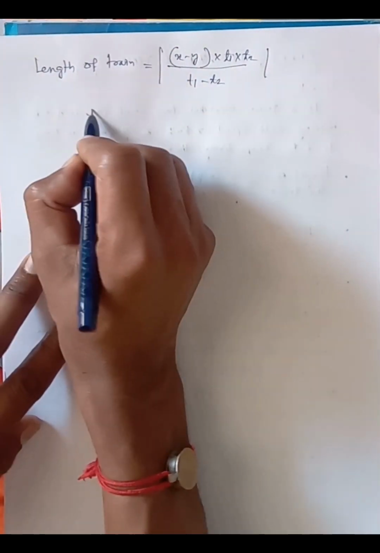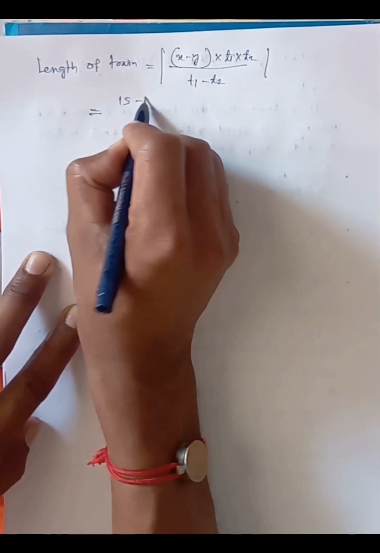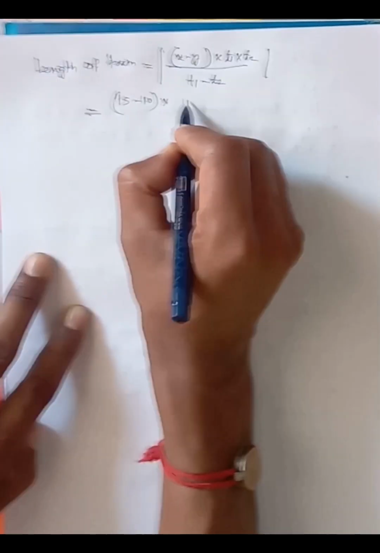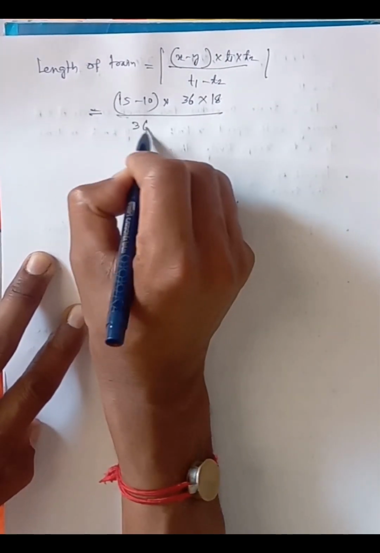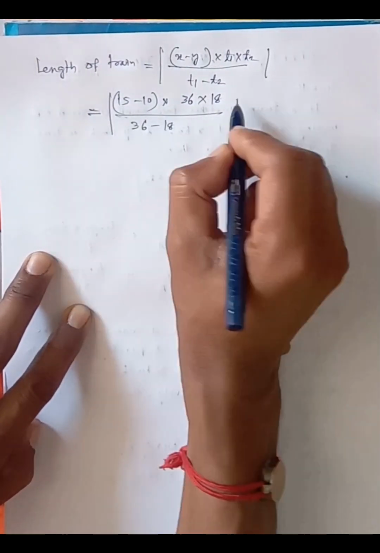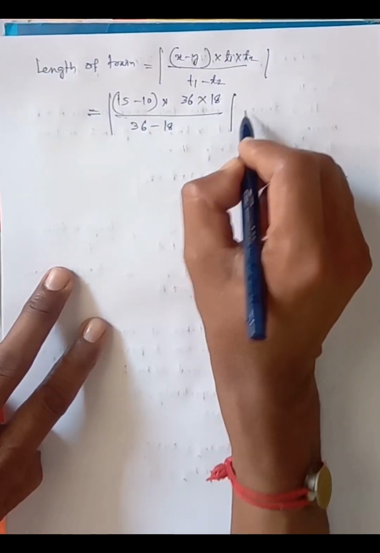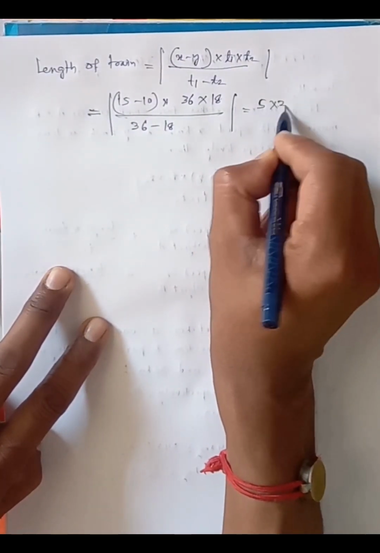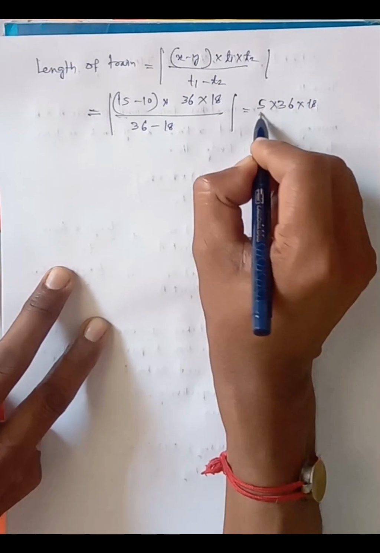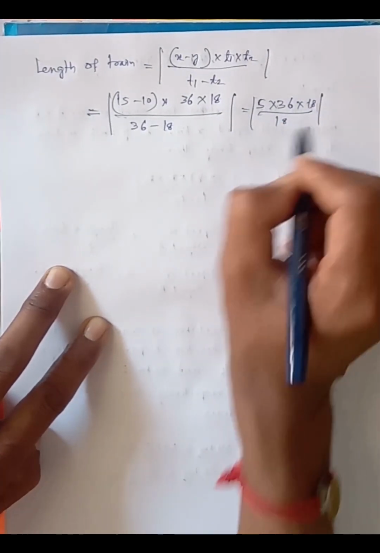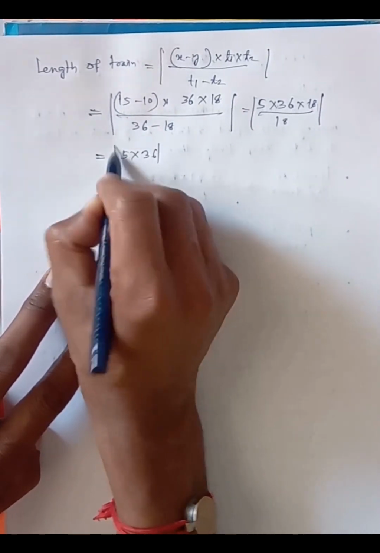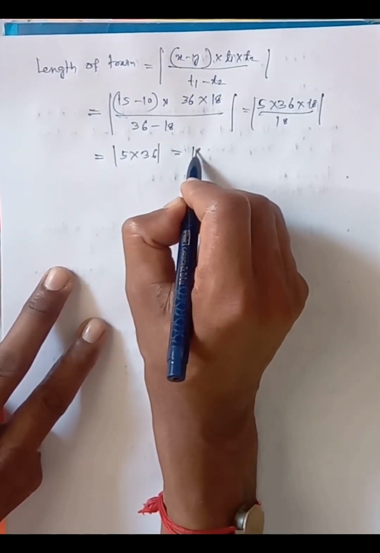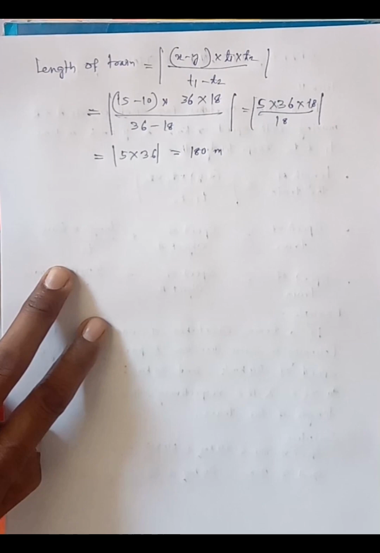This is equal to 15 minus 10 into 36 into 18 divided by 36 minus 18, absolute value. This is equal to 5 into 36 into 18 divided by 18. This is equal to 5 into 36. This is equal to 180 meter.